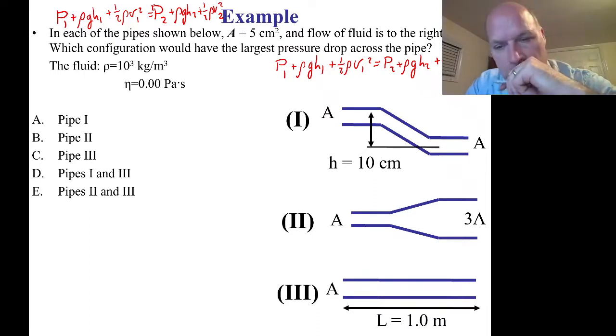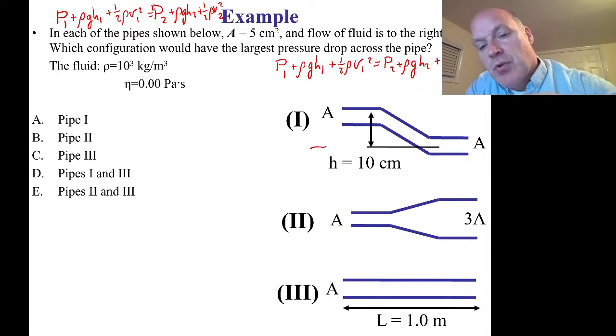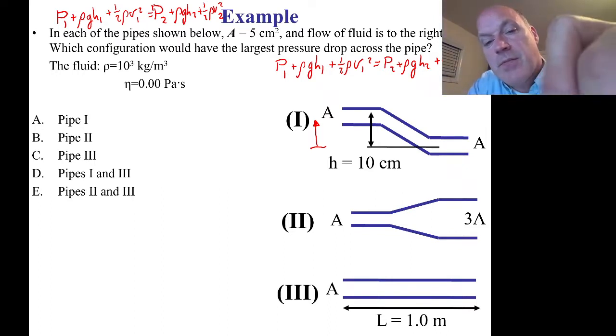So we see a height difference. I don't like working with minus signs if I don't have to. So I'm going to call this height equal to 0. I'm going to be measuring from here. Okay? What that means is that the first height is 10 centimeters, and the second one is 0, right?